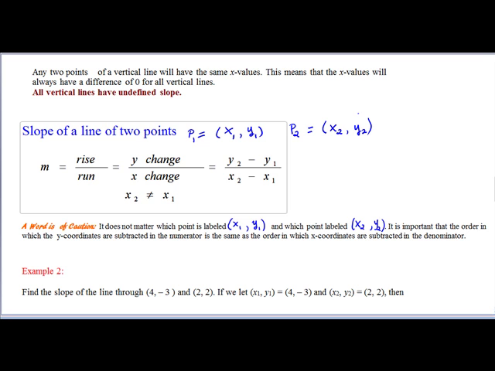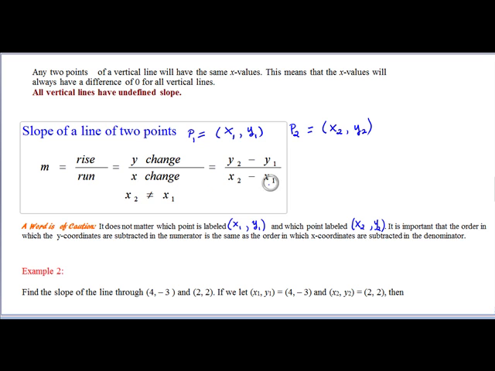The slope is the change in y over the change in x: y2 minus y1, that's the change in y, over x2 minus x1.